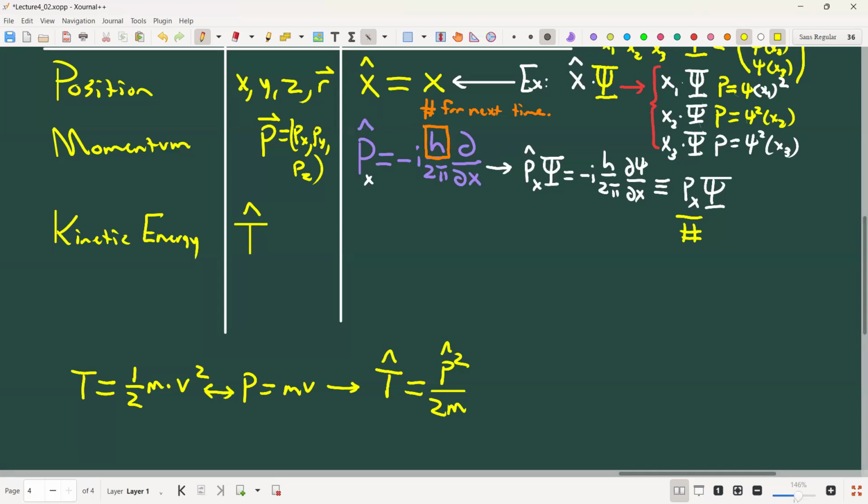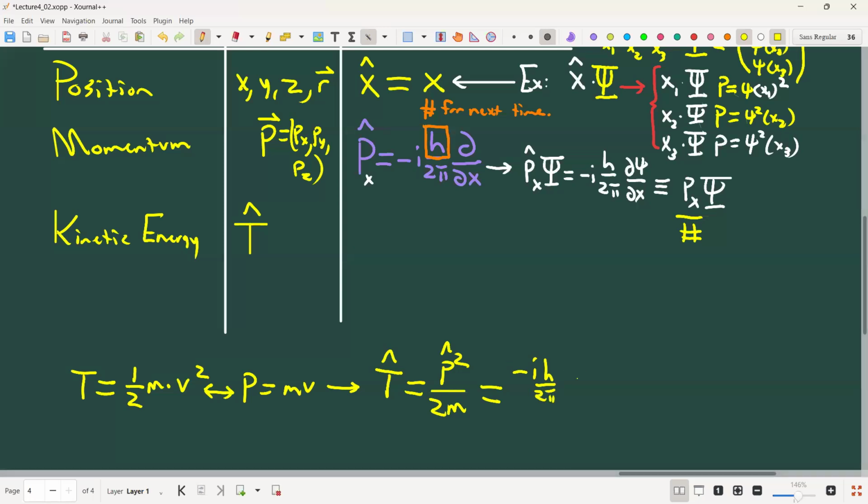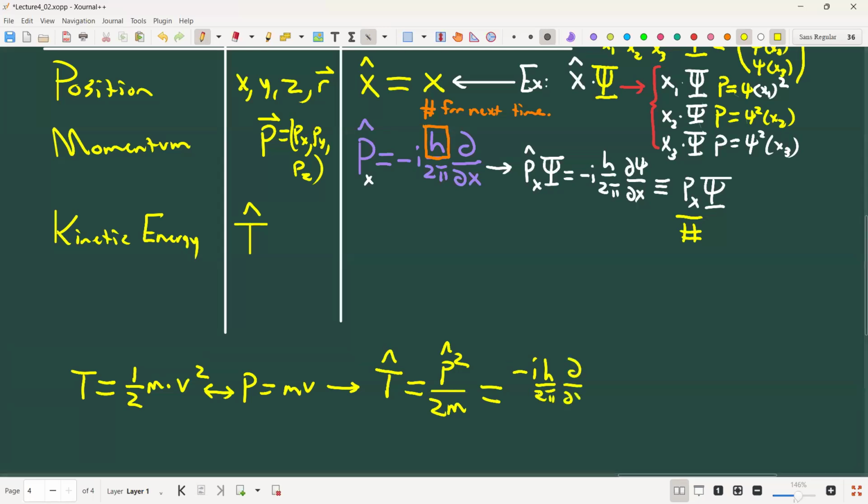So let's plug in our value for momentum here. This is going to be (i h over 2 pi) d by dx, squared, over 2m.